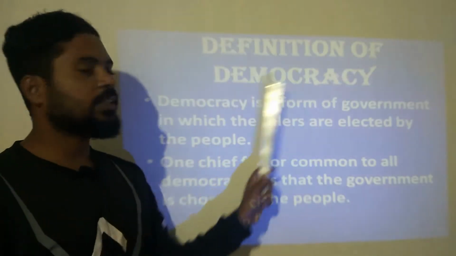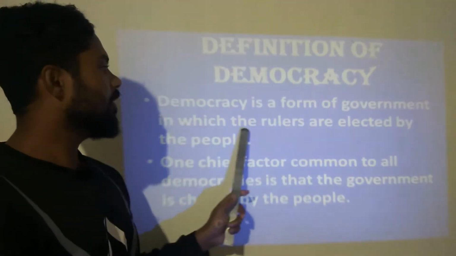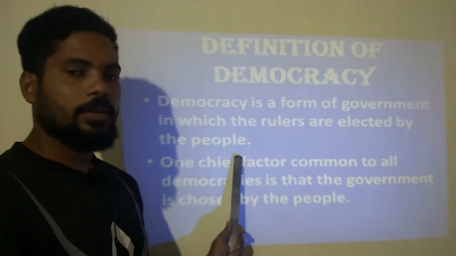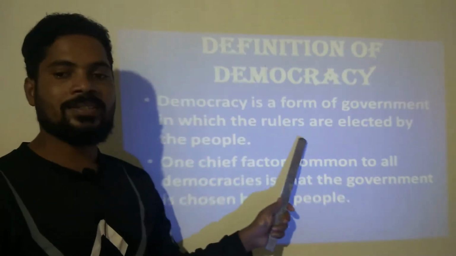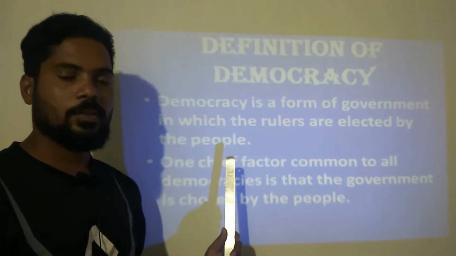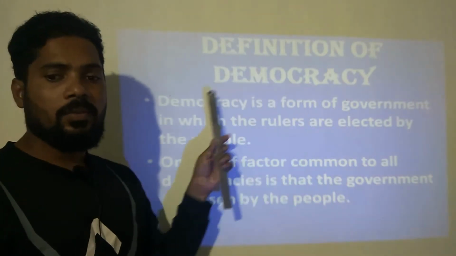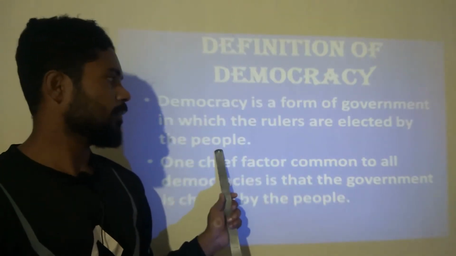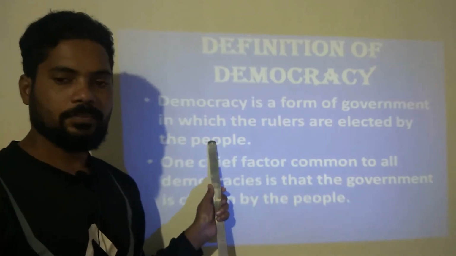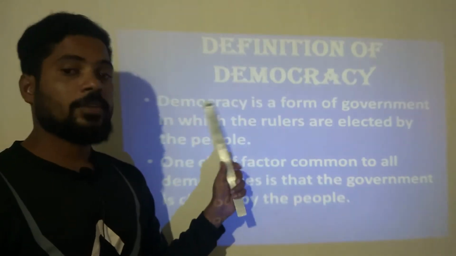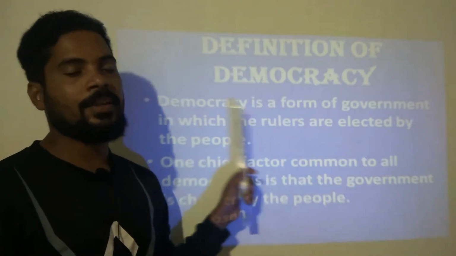Now, the definition of democracy. Democracy is a form of government in which the rulers are elected by the people. Democracy is nothing else but a government formed by the rulers who are elected by the people.